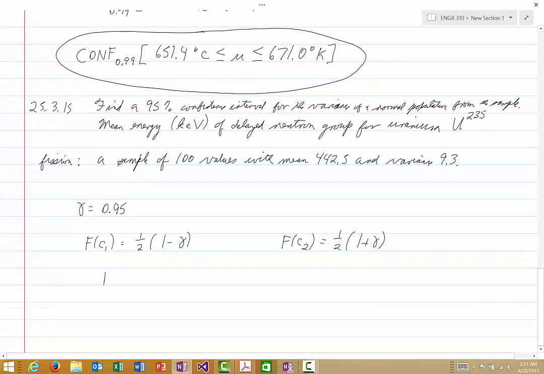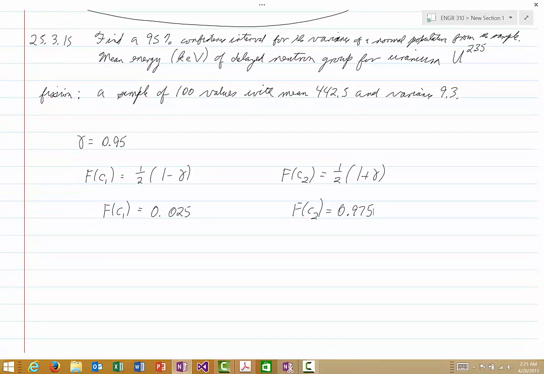And this will give you f of C1 is 0.025, and f of C2 is 0.975. We get those numbers simply by plugging in this gamma of 0.95 and then doing the arithmetic.